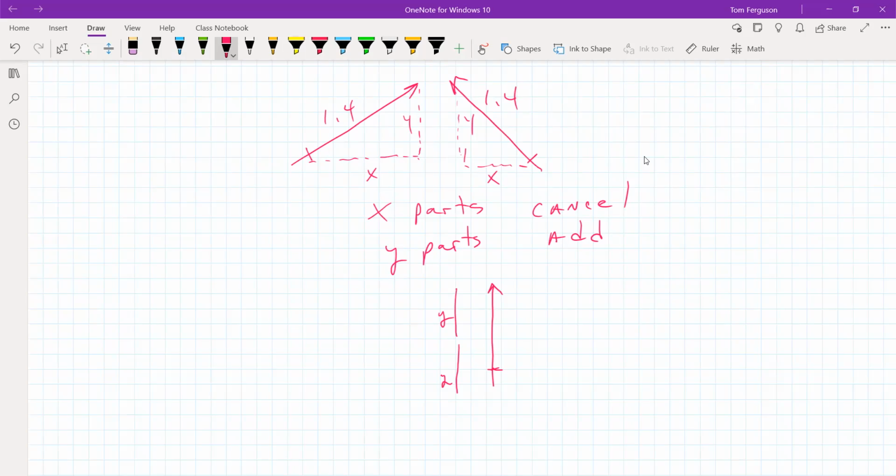Well, it depends on a trigonometric relationship. Okay, so the value of Y is cosine of 1.4. And the value of X is the sine of 1.4.